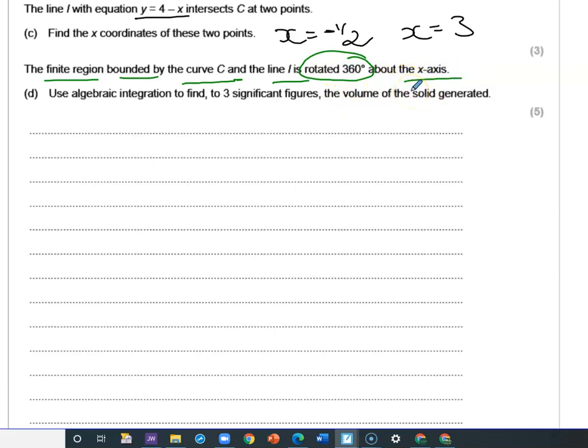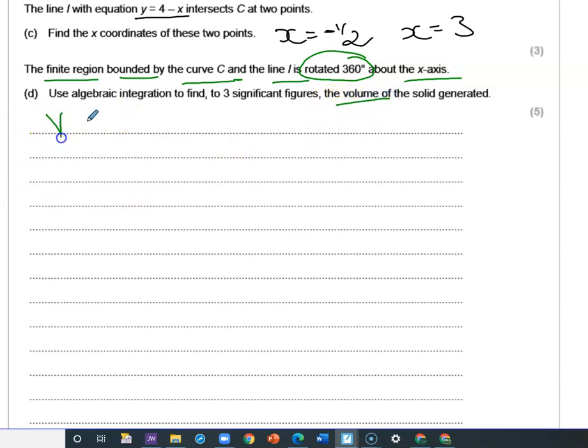Now, what you should note is, since both the curve and the line are rotating, whatever happens to the curve would also be happening to the straight line. And we do recall that that will give us a 3D shape, hence the need to work out the volume.